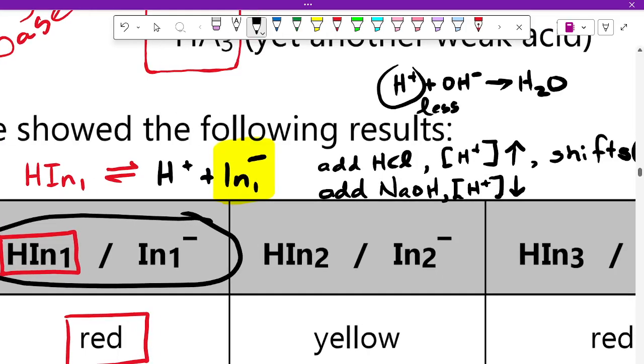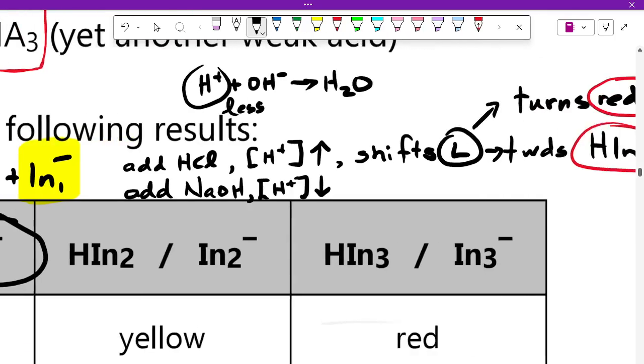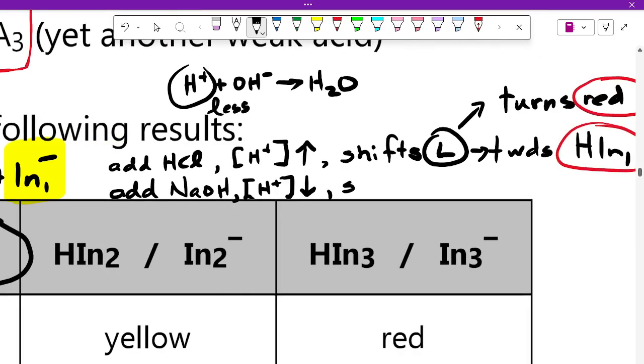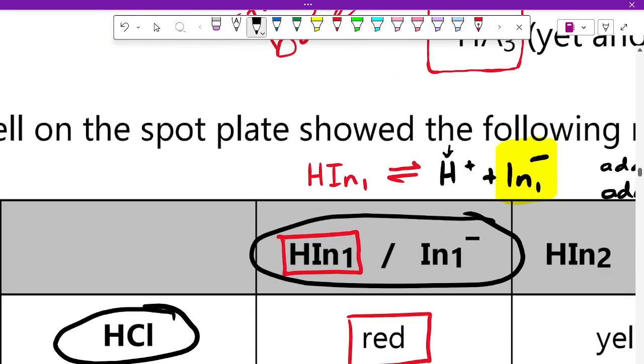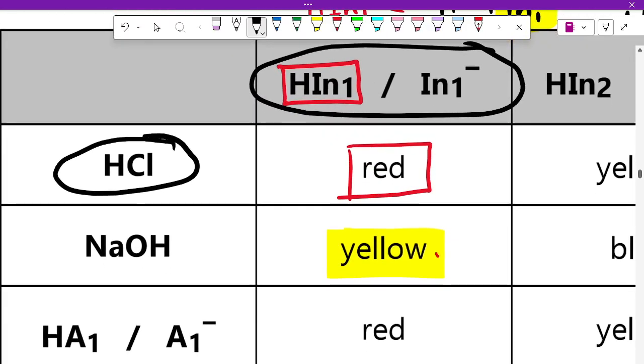And if the hydrogen ion concentration decreases, which way does it shift? It shifts to the right. And when it shifted right, we saw from the results that it turned what color?